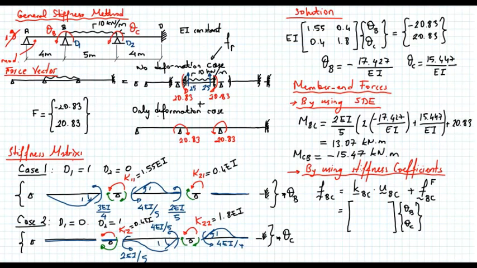FBC fixed is equal to, I have a counterclockwise moment, so this is 20.83, and the clockwise moment at point C is minus 20.83. Okay, so I have this part: 20.83, minus 20.83.